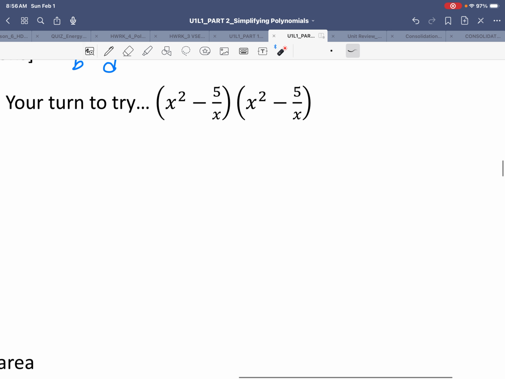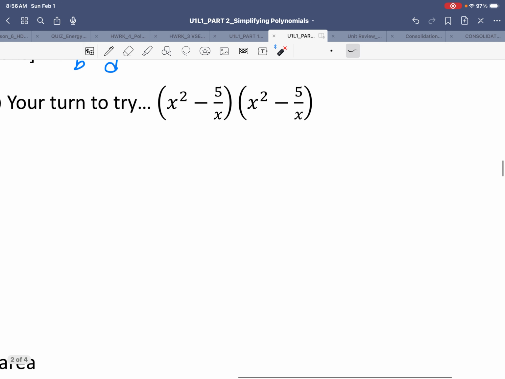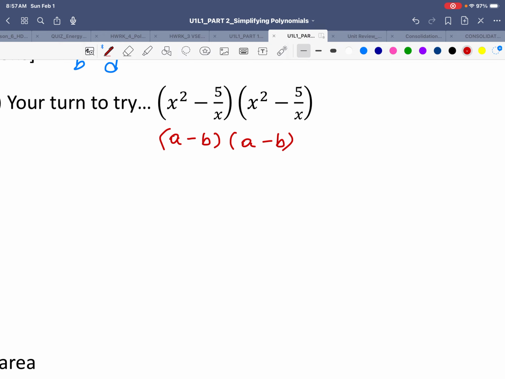So in a similar way, you may want to try this, so you can pause the video if you wish. So I'm going to go ahead and use the difference of squares. As you can see, we have the exact same terms in here, and we have minus. So in this case, the pattern that we see is a minus b times a minus b. So this would be a minus b squared, which is a perfect square trinomial, so I correct myself.